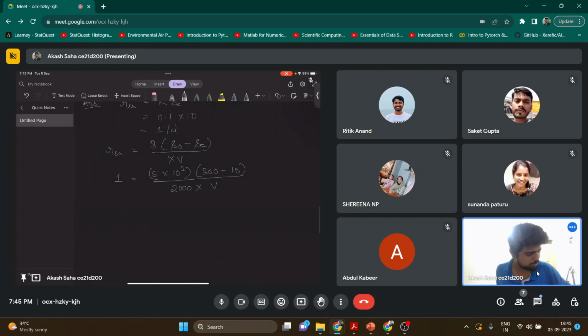So from here we can find the volume. So my volume of the reactor will be, can someone calculate and tell me what is the volume of the reactor? Please tell me the volume of the reactor.